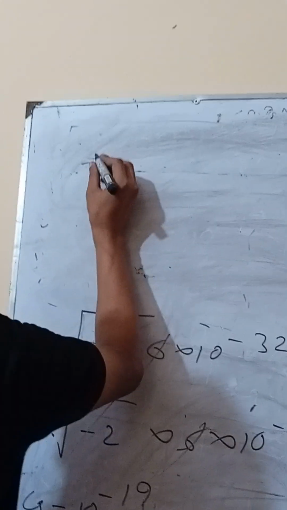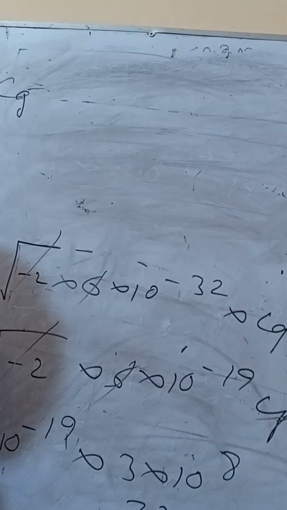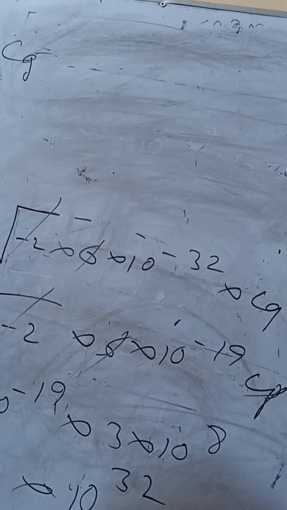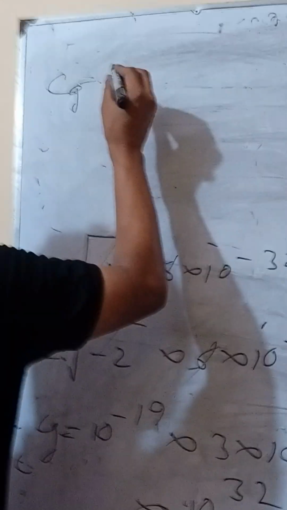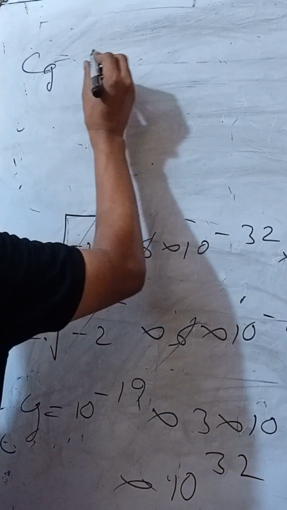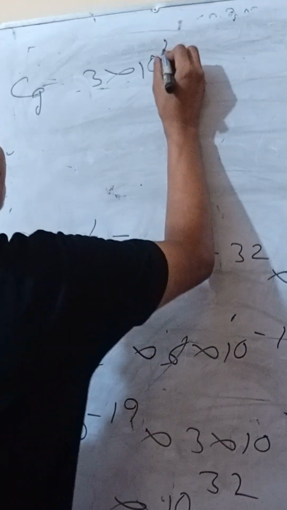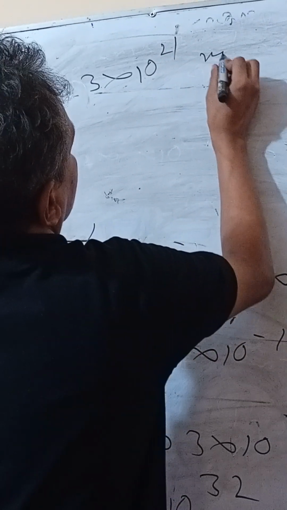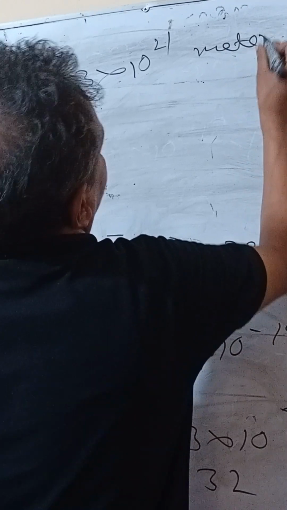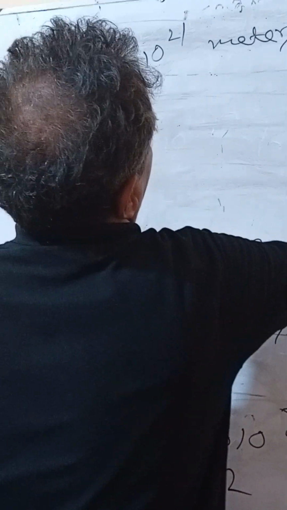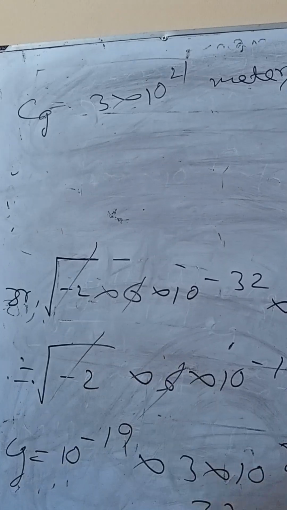C is equal to the velocity of graviton particle is 3 into 10 to the 21 meter per second approximately.